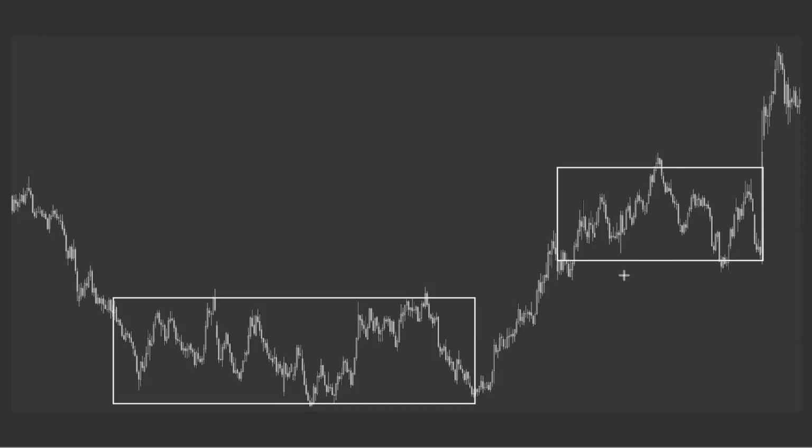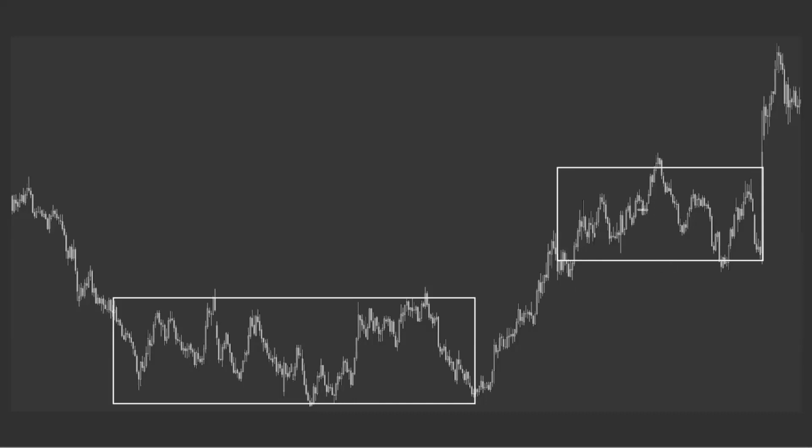Within these ranges, higher time frame traders are slowly absorbing supply in anticipation of a big move, and most of them will be using execution algorithms to bleed their orders into the market bit by bit, using something like VWAP or some other performance measure, basically buying as low as they can and without pushing the market up.